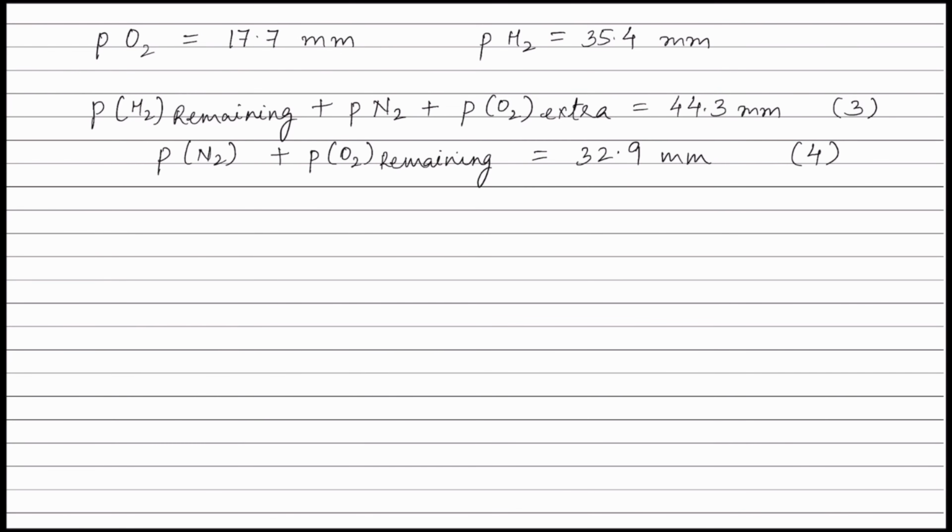So subtracting equation 4 from equation 3, we get partial pressure of hydrogen plus partial pressure of oxygen that combines to form water. Therefore, partial pressure of hydrogen plus partial pressure of oxygen is equal to 44.3 minus 32.9, and this is equal to 11.4 mm.